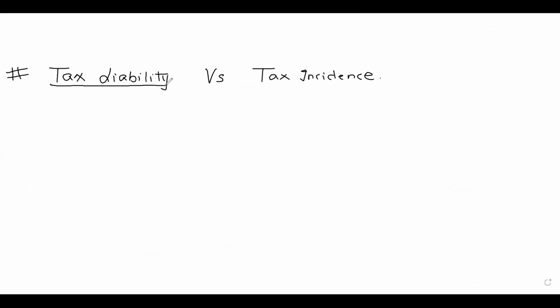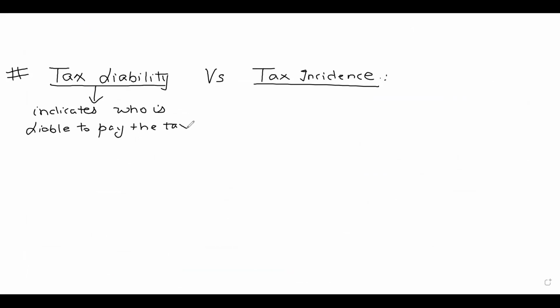Okay, so let's first understand what is meant by tax liability. Tax liability indicates who is liable to pay the tax, or the party on whom the tax is imposed.